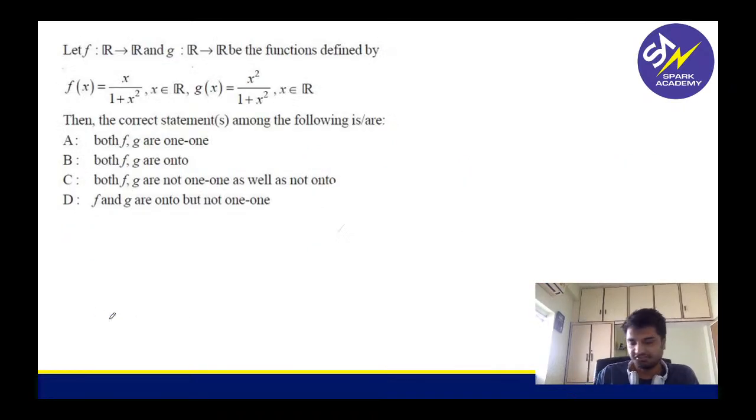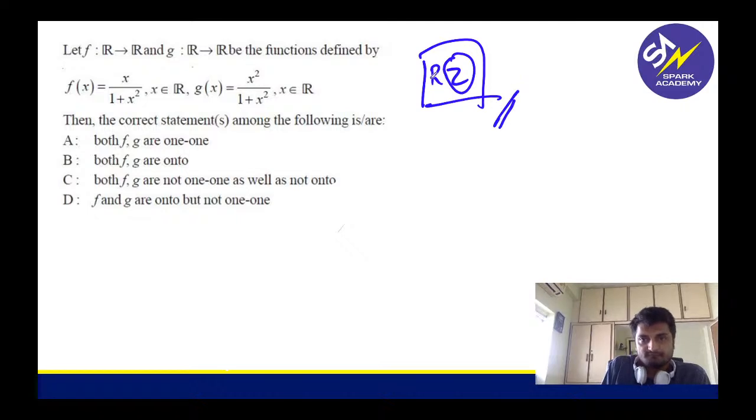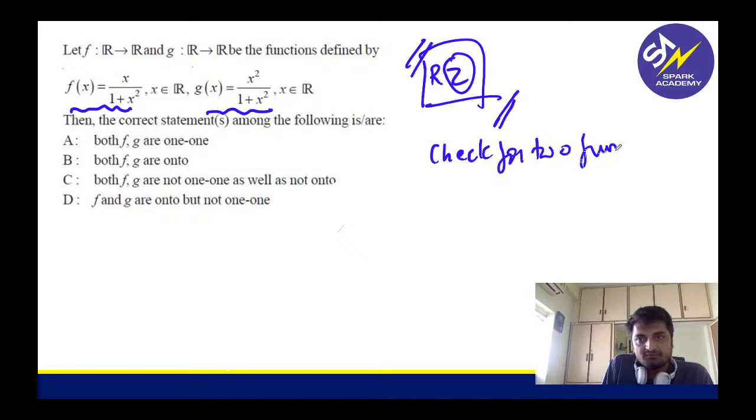Now tell me second question, which round? Agreed with this round 2, because there are two functions, f of x and g of x. Two functions they are asking us 1, 1 or 2. So we have to check for two functions. So basically I can't spend time, it will take a lot of time.